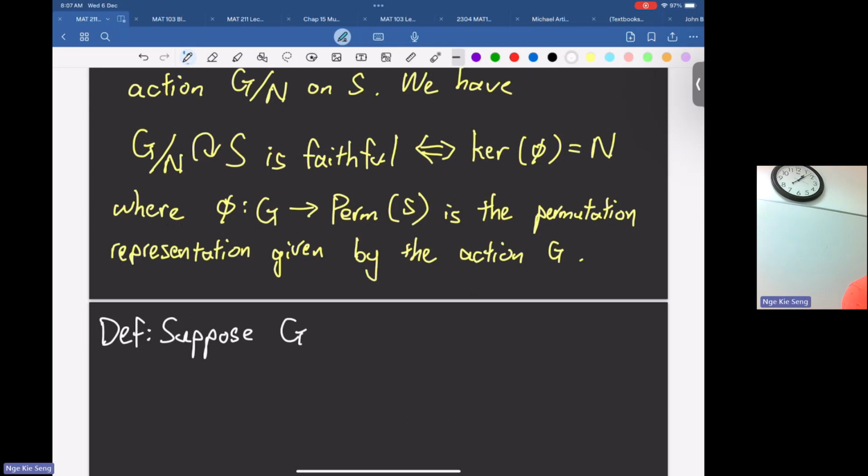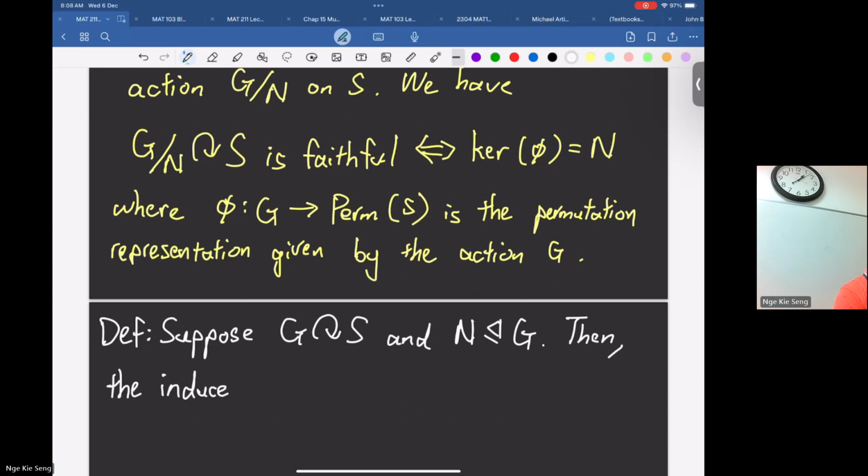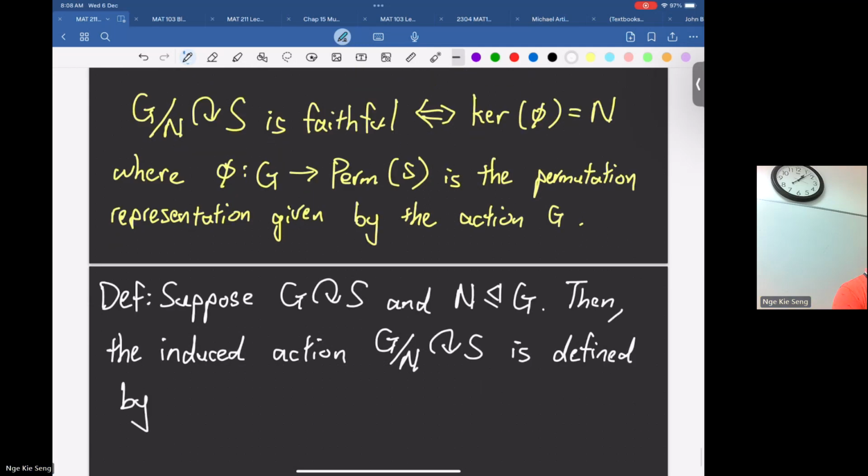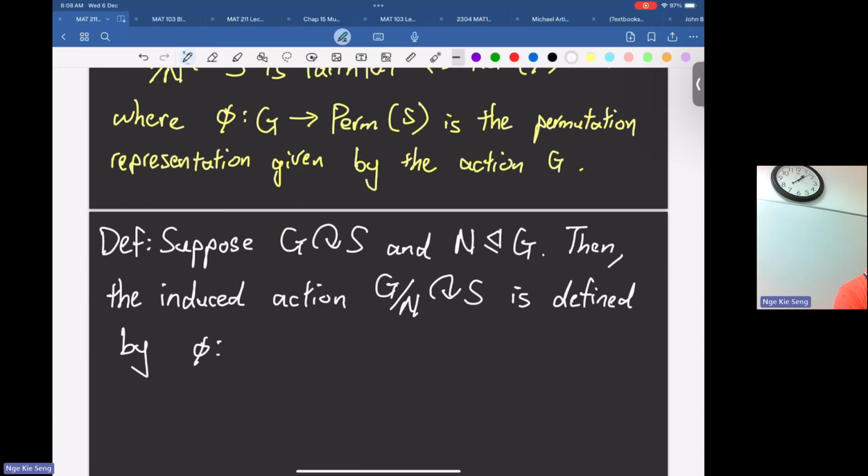Suppose G acts on S. So we know how every group element acts on the set elements. Okay, so the induced action, and let's take a normal subgroup N in G, then the induced action of G mod N on X is defined by the following map.